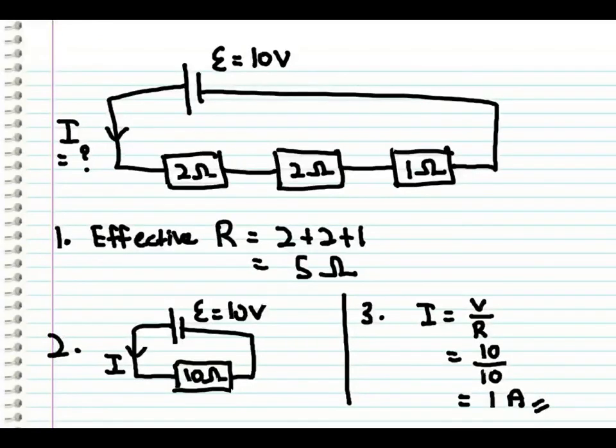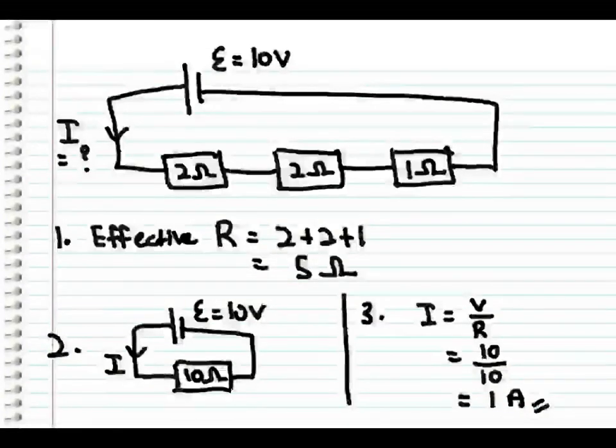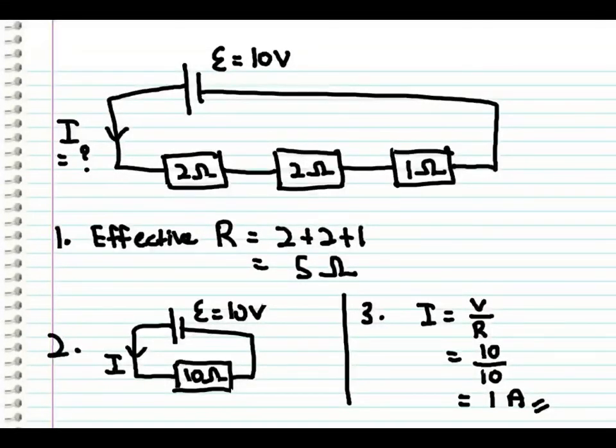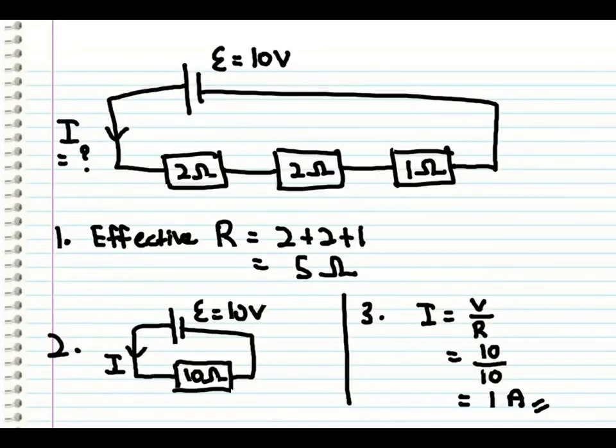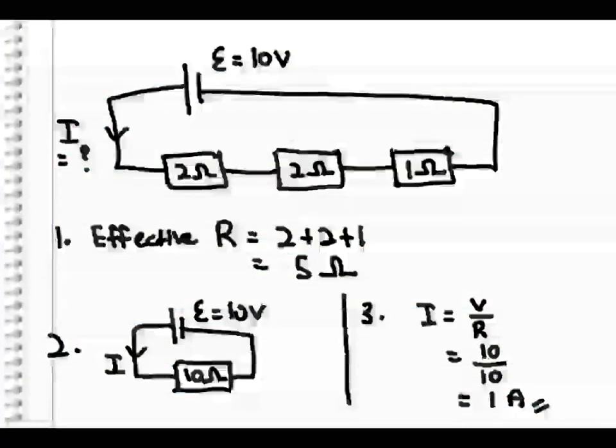Therefore, this circuit diagram can be simplified to the circuit drawn in point number 2, where the 3 resistors are just replaced by 1 resistor, which is a 5 ohm resistor. Therefore, using the formula I equals V over R, we can find the current to be 2 amperes. So note that the current in both circuits is the same.